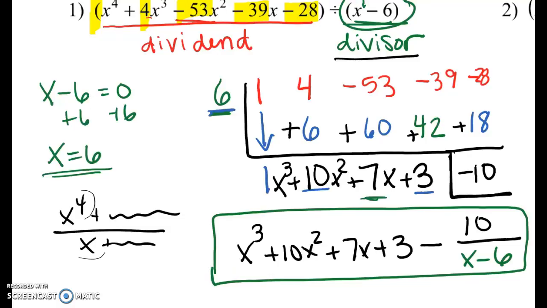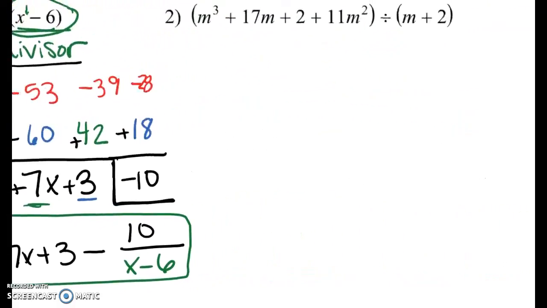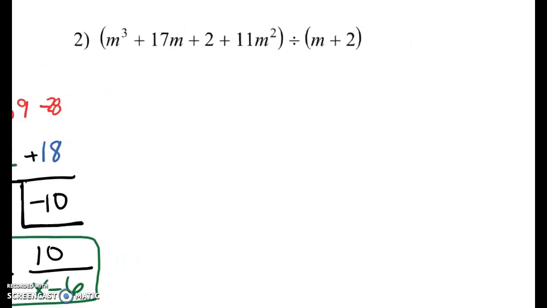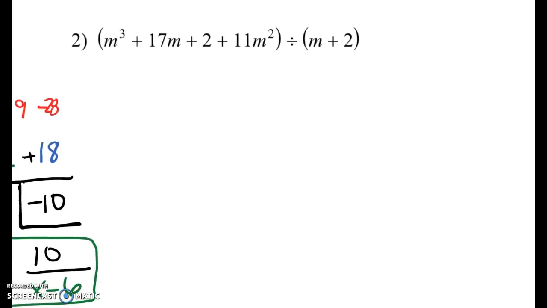Okay, I'm going to go on over to example 2. All right, the first thing that I notice is that my polynomial, my dividend, is not actually in order. It's not in standard form. So I'm going to go ahead and write that so I don't make any mistakes here. I'm going to have m cubed plus 11m squared plus 17m plus 2.